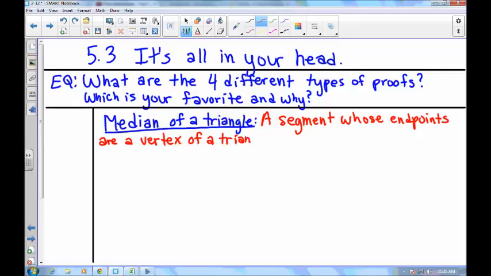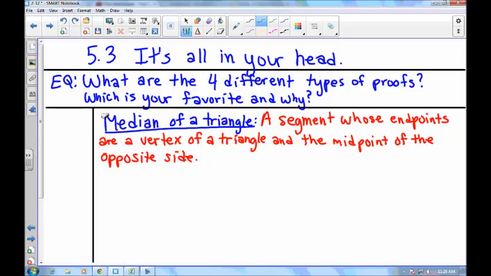That's one of the endpoints, on the vertex of the triangle. And the other endpoint is the midpoint of the opposite side. So when you said middle, it extends to the midpoint of the opposite side. A segment whose endpoints are the vertex of a triangle and the midpoint of the opposite side.